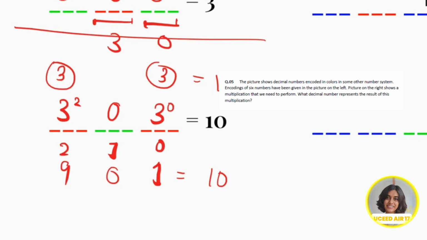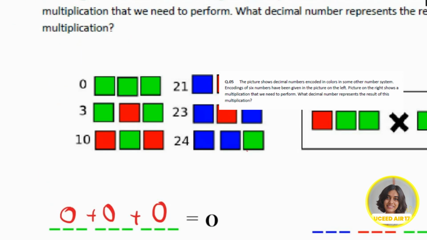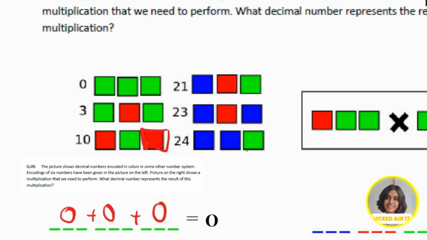Something related to positions can matter here, because when two things are identical, the only difference between them is the position. This box and this box are identical, but they are at different positions.